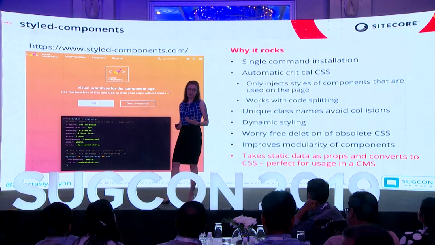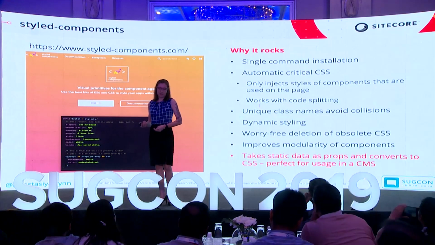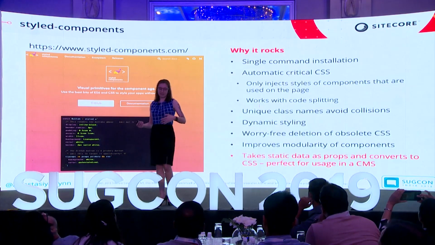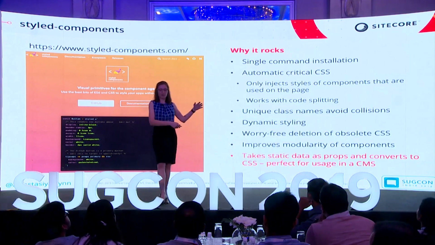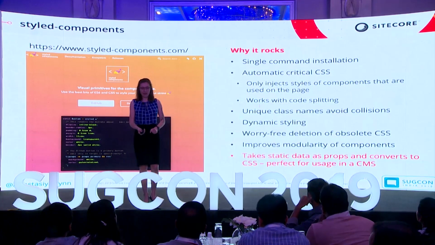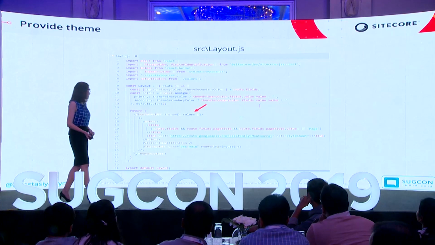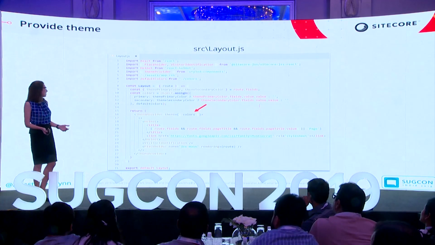And I used the library style components for this. So this library rocks for the same reason in that it accepts everything as props. So we can have the content author make all the customizations and then we pass them in. And it accepts theme props as the wrapper to your page.